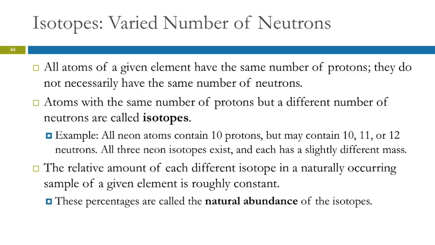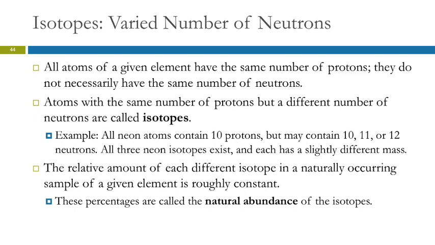You might think that there would be equal amounts of all the different isotopes, that 1/3 would be 10, and 1/3 would be 11, and 1/3 would be 12 neutrons. That's not the case. They vary from element to element. And so we call this the relative abundance or the natural abundance of the isotopes. And that just has to be determined experimentally.